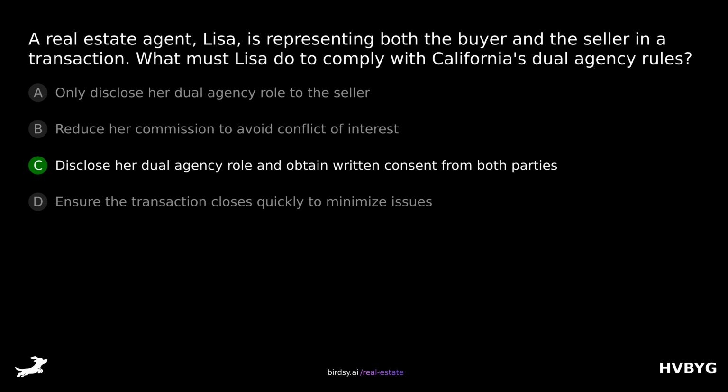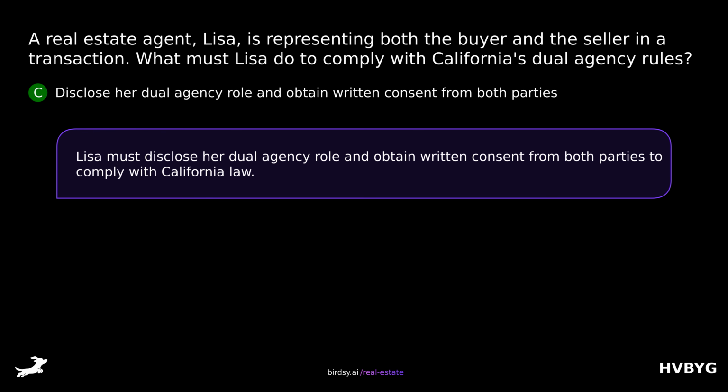The answer is C, disclose her dual agency role and obtain written consent from both parties. Lisa must disclose her dual agency role and obtain written consent from both parties to comply with California law.